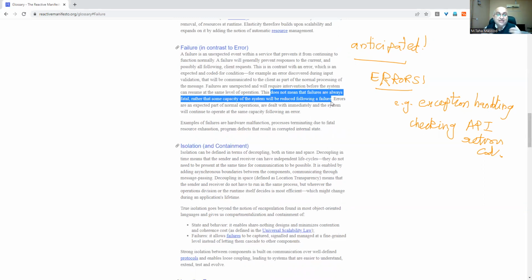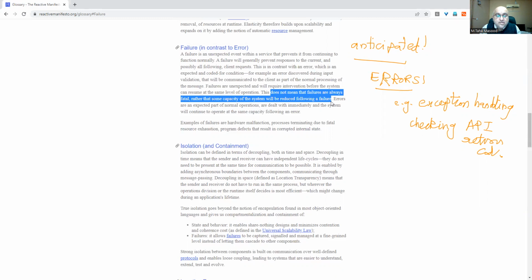Of course, redundancy is one way. If a subsystem X fails, you can have an entirely redundant subsystem that is a copy of it in terms of capacity, in terms of state, in terms of availability and all other requirements. And without the client even noticing, it can take over.